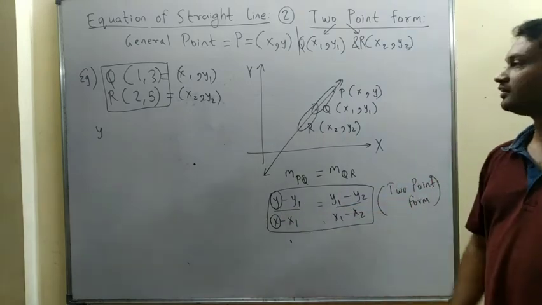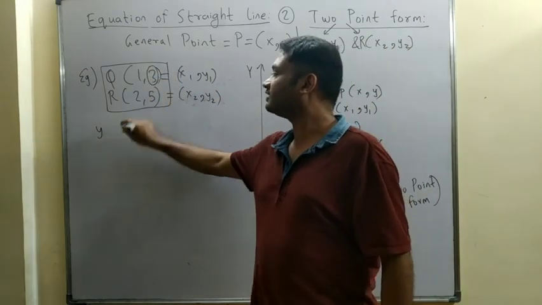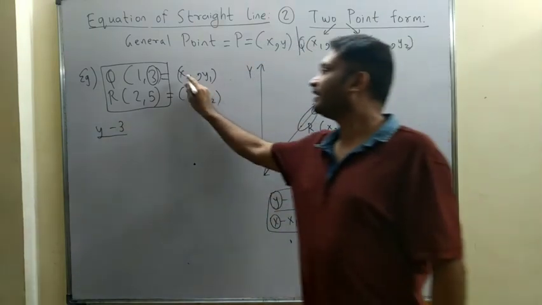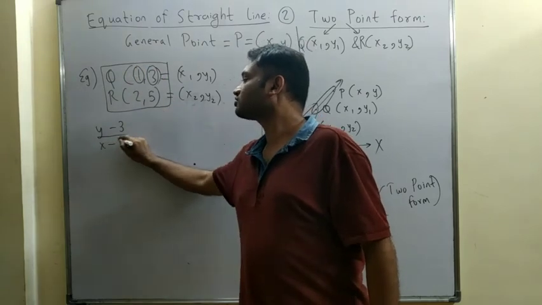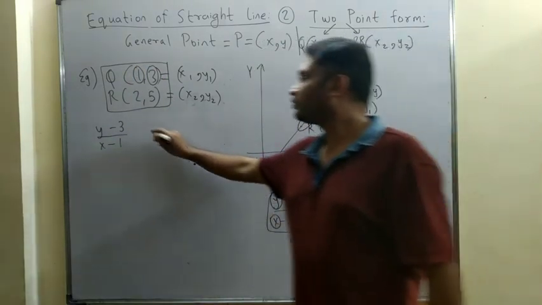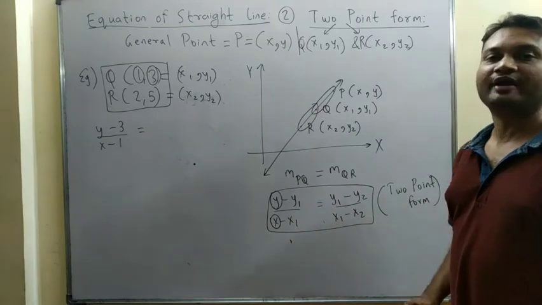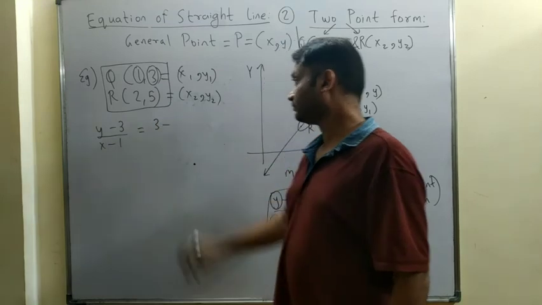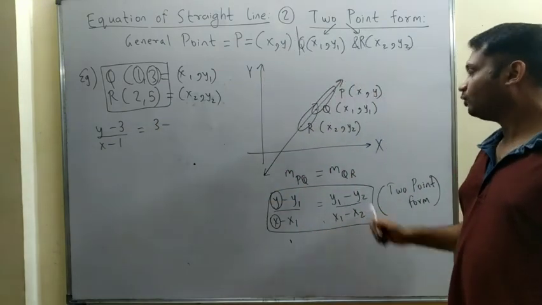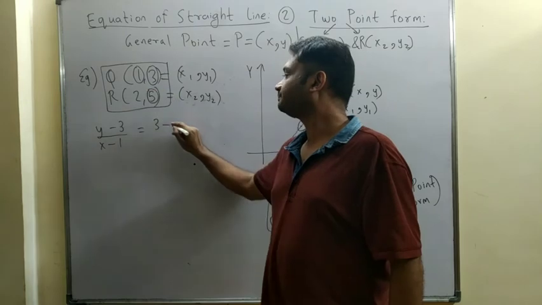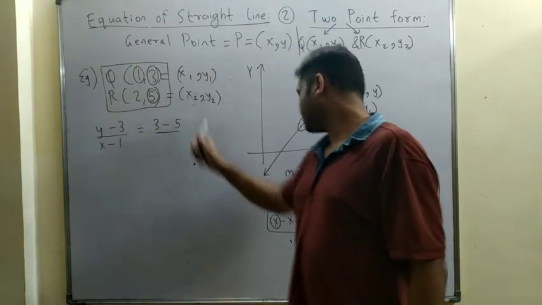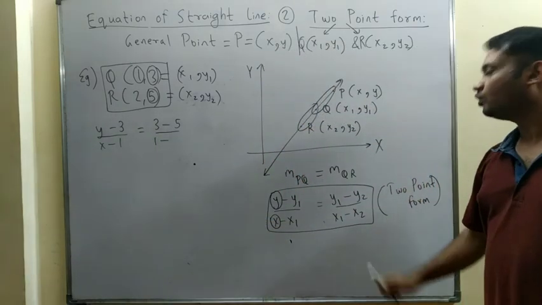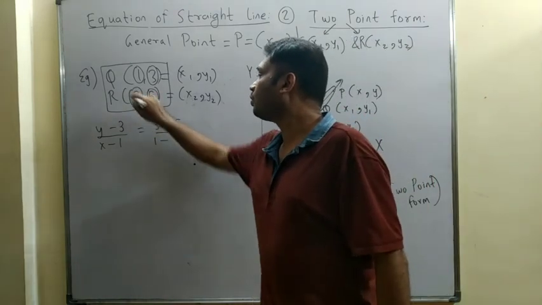y minus y1. So y1 is in this case 3. So y minus 3 upon x minus x1. x1 in this case is 1. So x minus 1. That equals y1 minus y2. y1 in this case is 3 minus y2, which is in this case 5, upon x1, which is in this case 1, minus x2, which is in this case 2.